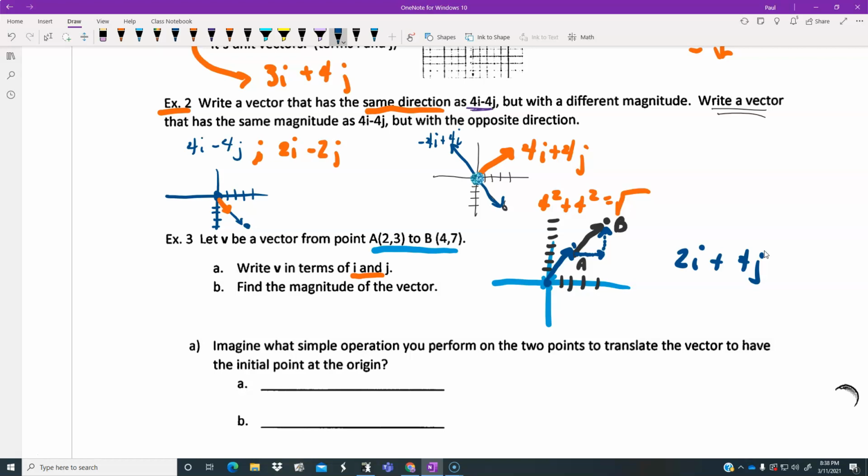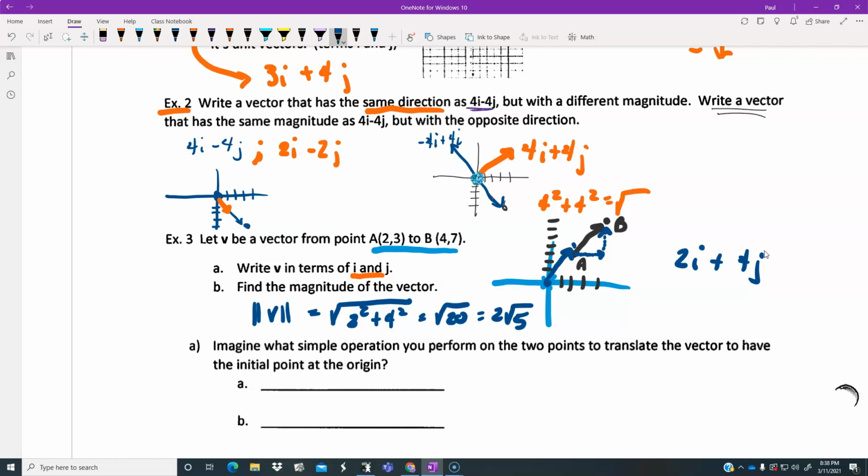Now, if I wanted to find the magnitude of that vector, the magnitude of vector v would be the square root of 2 squared plus 4 squared, and that answer would be 4 plus 16, or the square root of 20, or better yet, 2 root 5 would be the magnitude of that.